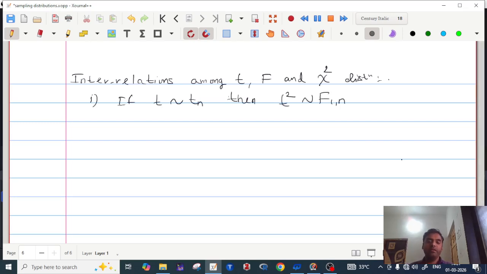Its proof is very simple from the definition of T. If you take its square, you will easily get F with 1 comma n.